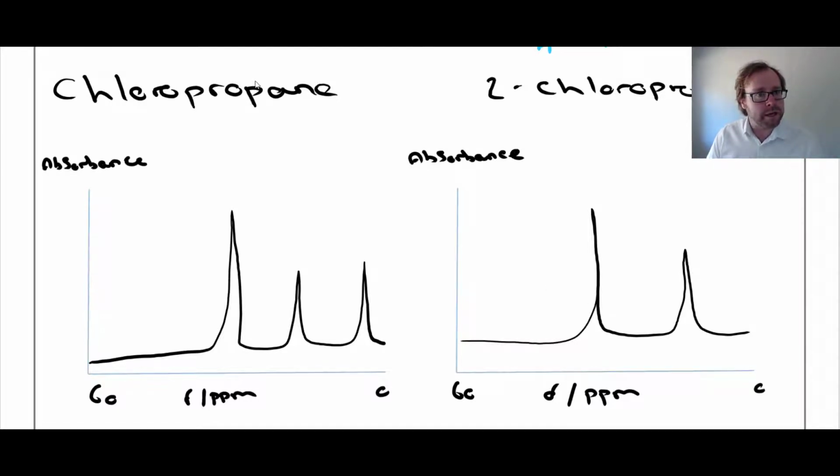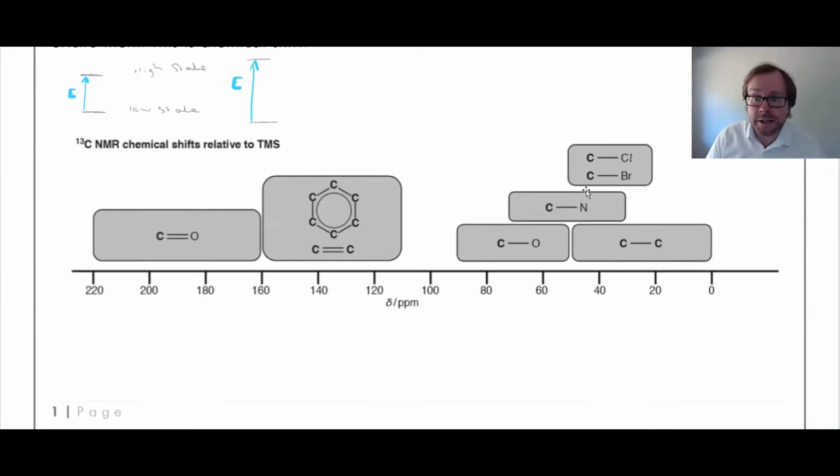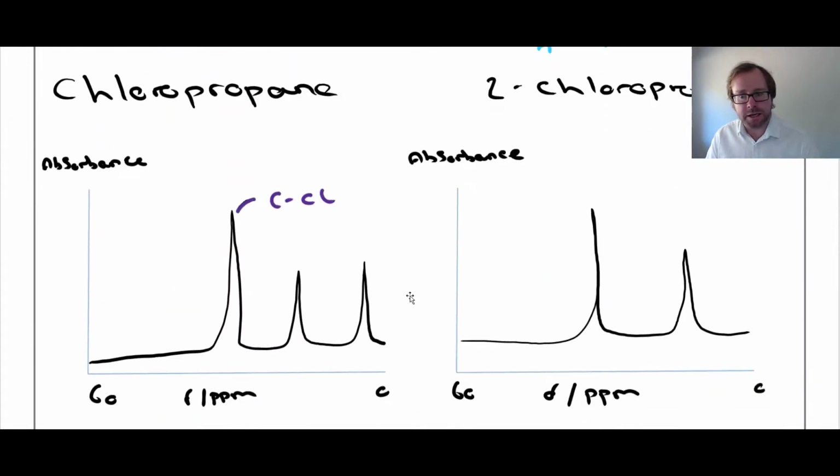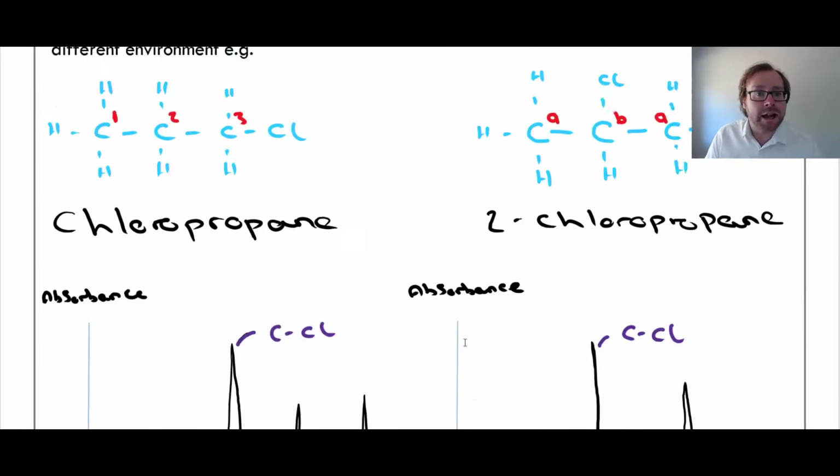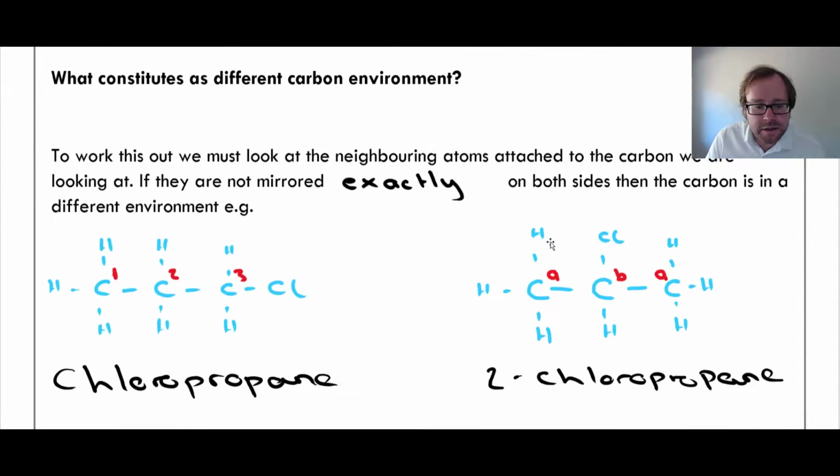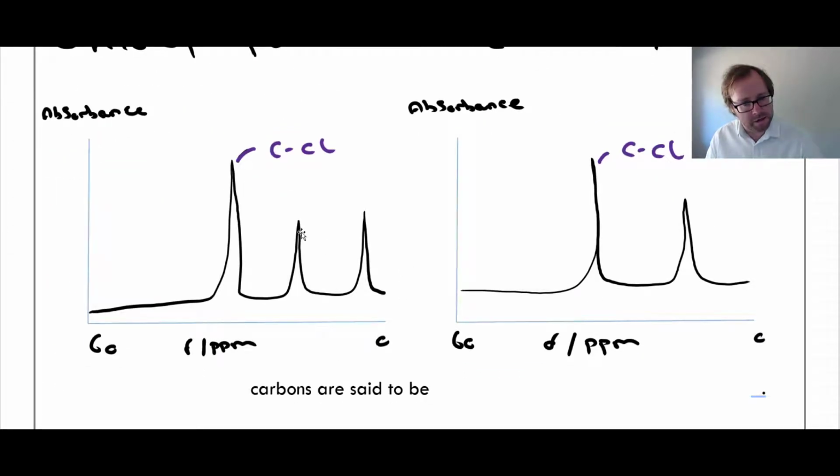I can work out that, in general, this is probably going to be my CCl peak, because if I look at the chemical shift value, it's between 50 and 20 for my CCl bond. Which means that this one will also be my CCl bond, and the second peak here is more than likely to be the CH2, and this will be the CH3.